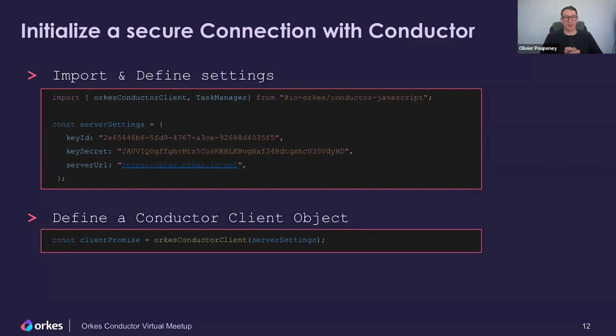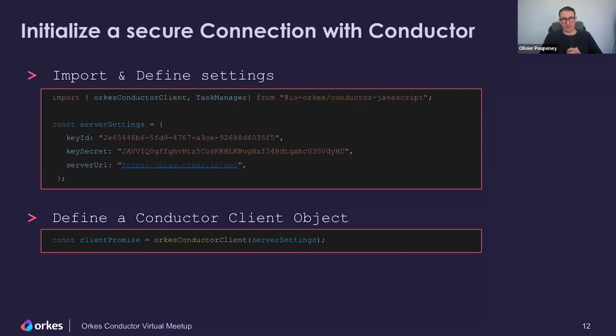The way to secure an application is to define in Conductor some settings for the key ID and key secret, which will also be defined in your code as a constant. It's just an object with key ID, key secret, and your server URL. So you import an Orkes Conductor client object and a task manager, and then you define your server settings.